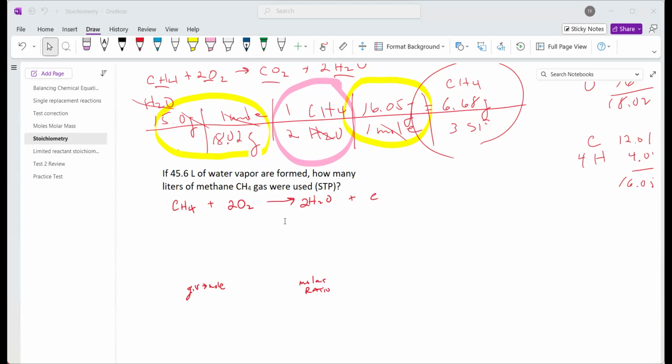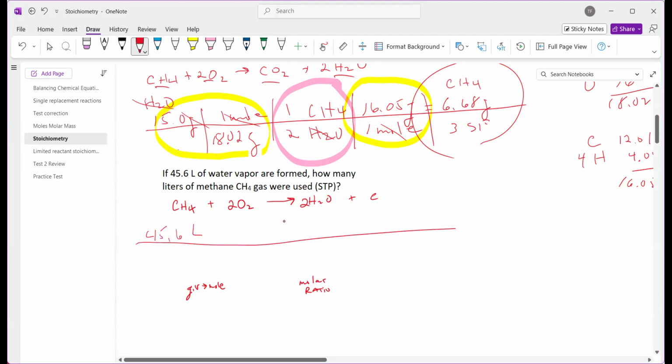What's given is 45.6 liters. We're trying to calculate, this is water, I'm trying to calculate liters of methane.